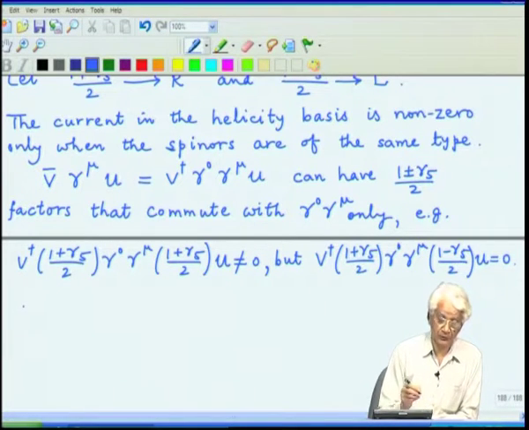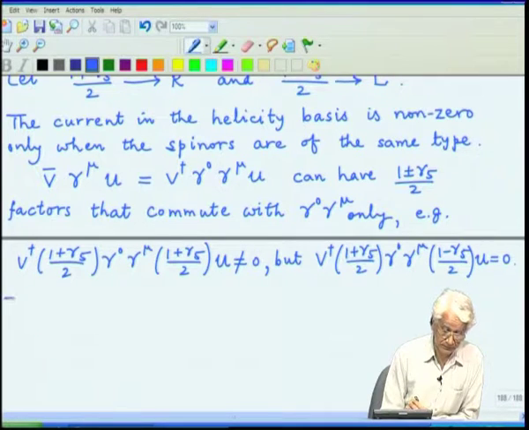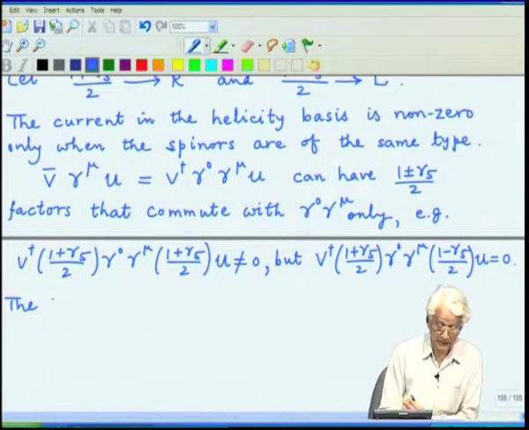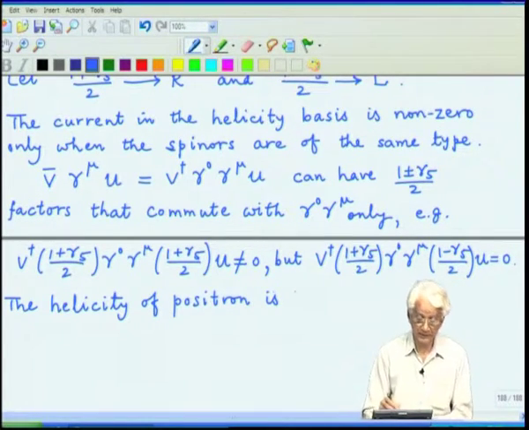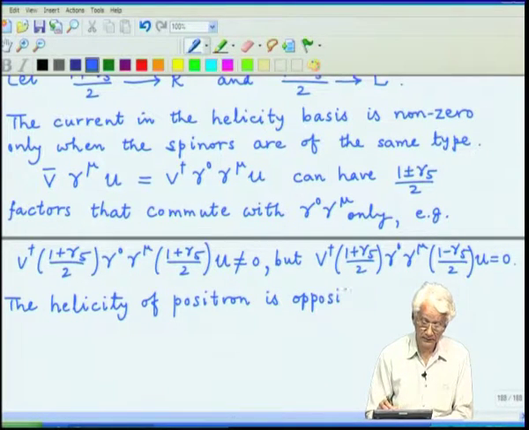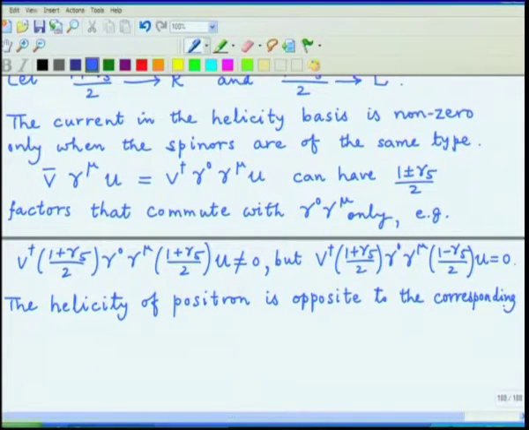And what we have chosen as the convention is that the helicity of the positron is opposite to the corresponding projection operator for this wave function v.